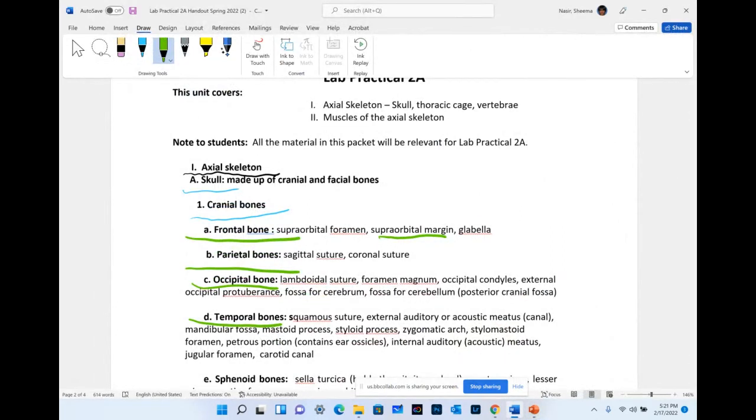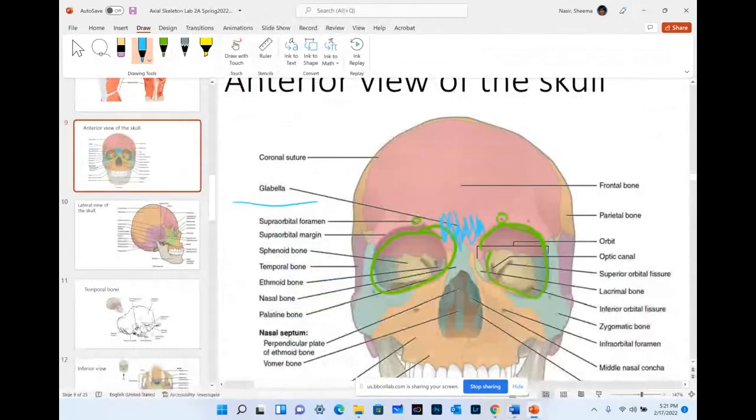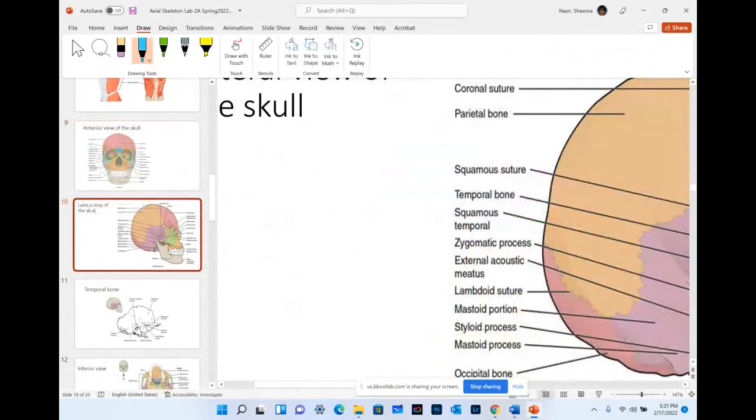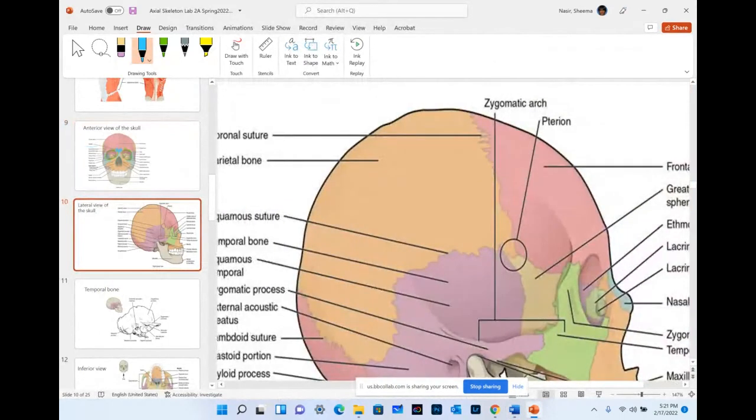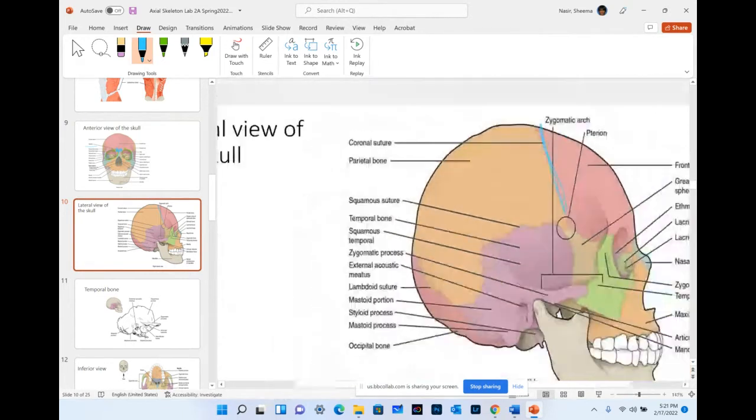Now we are going to look at the parietal bone, and in the parietal bone, we are going to be looking at sagittal suture and the coronal suture. We did these sutures already, so let's quickly look at that. This bone right here, the yellow bone, is the parietal bone. This right here is your coronal or the frontal suture.